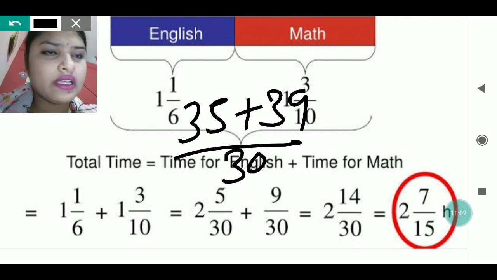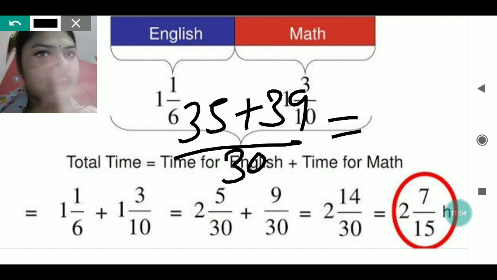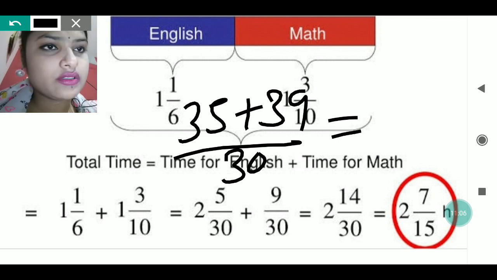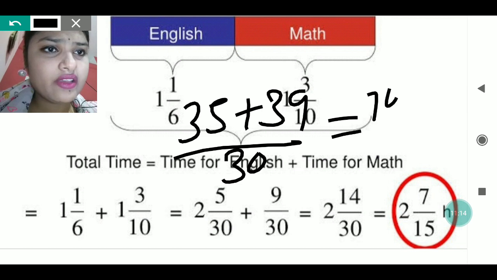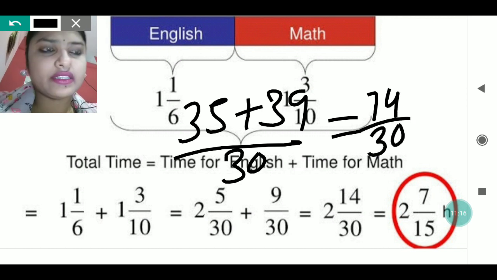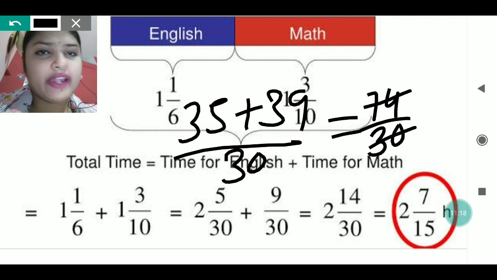This was a little bit messy, so I have cleared all. Now 30, 60, 65, 70, 74 by 30. Now you divide it by 2.